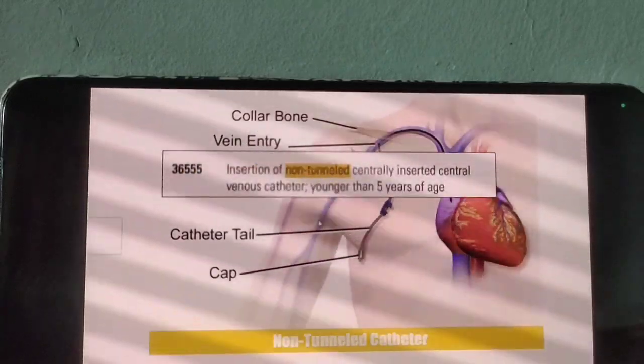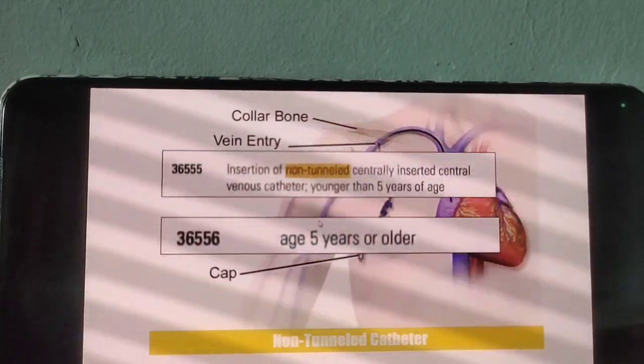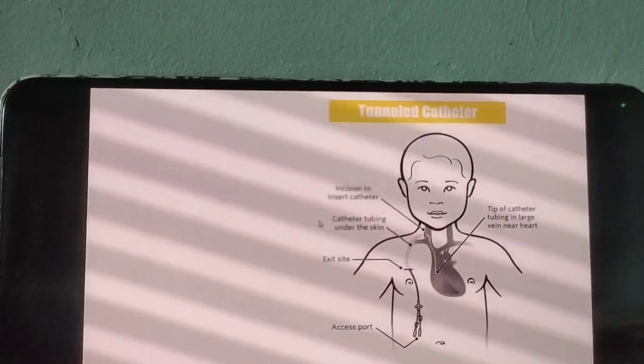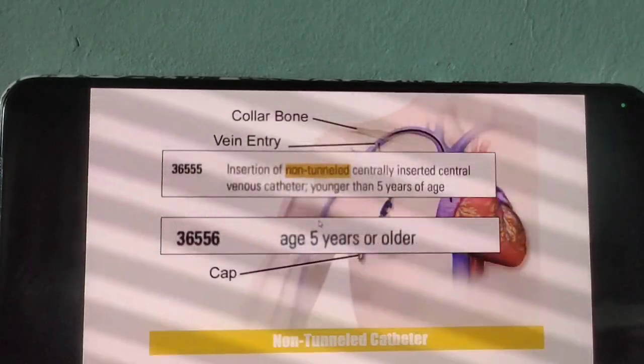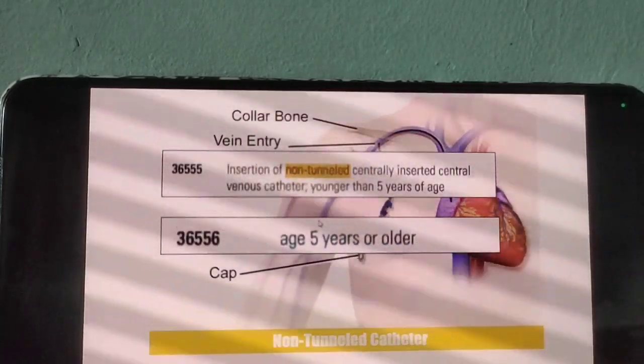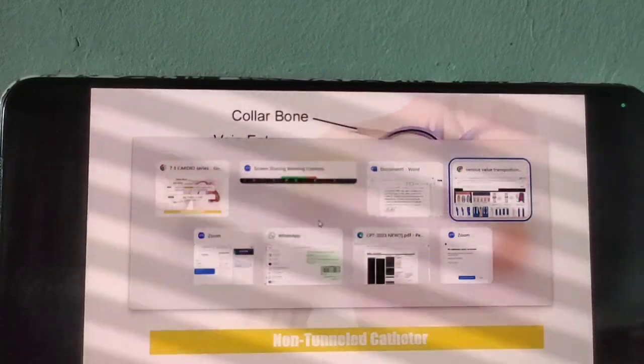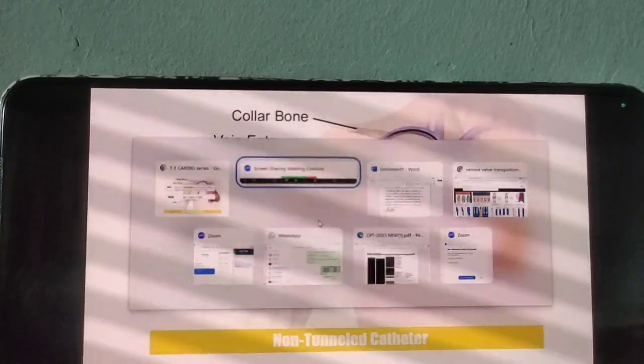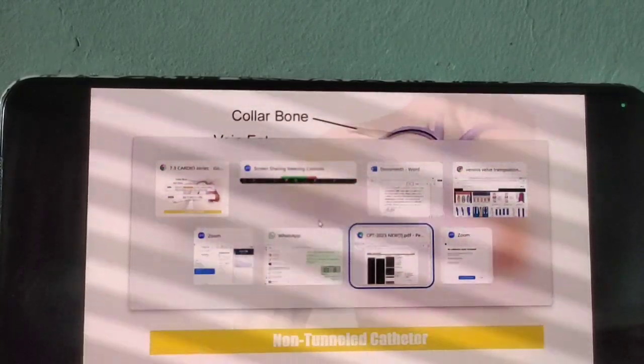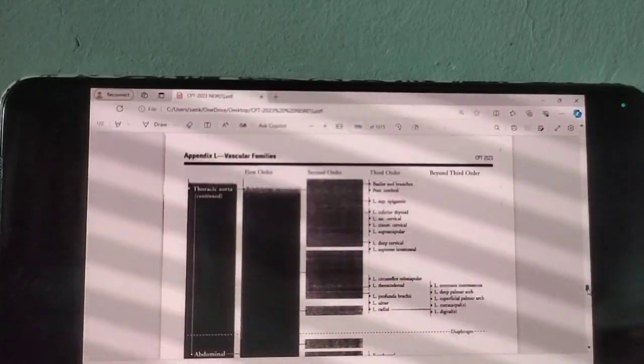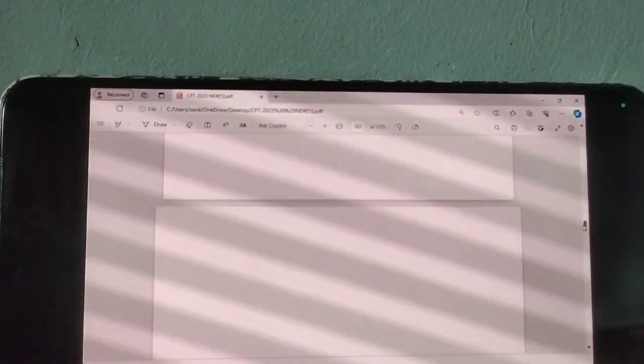Now we are going to discuss the central venous catheter, CICC, and the peripherally inserted catheter.